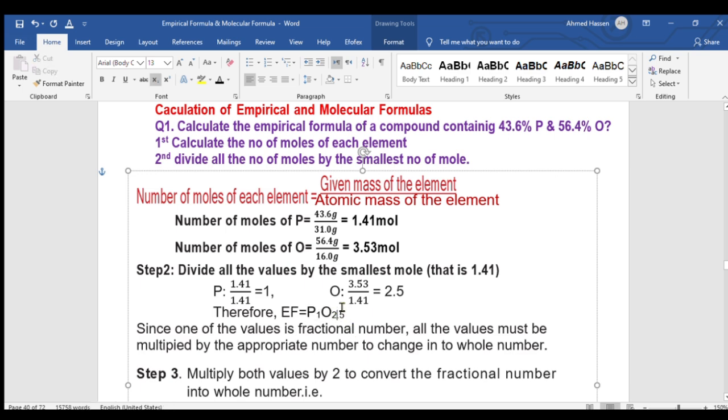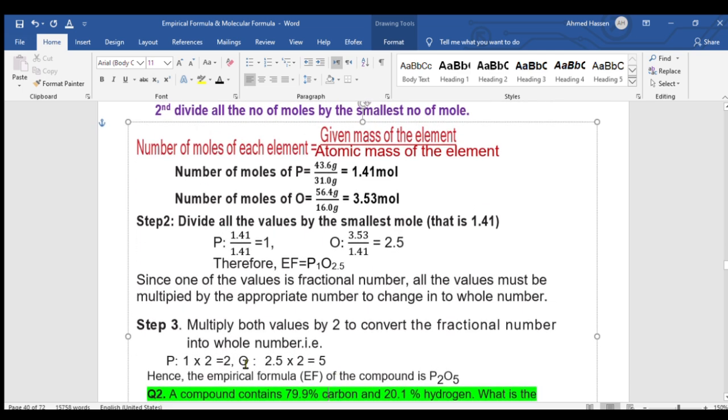Therefore, in order to convert this into a whole number, we should choose an appropriate multiplier, starting from 2 and 3. Multiplying by 2, this number will be converted into the whole number 5. Therefore, the subscript of phosphorus also must be multiplied by the same number 2, and therefore P2O5 will be the empirical formula of the compound.